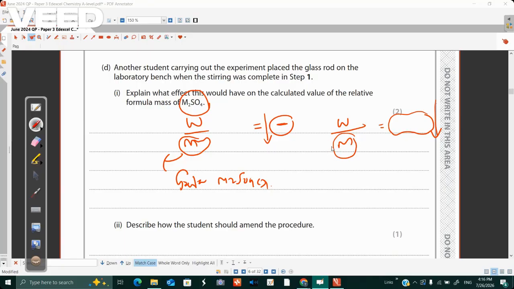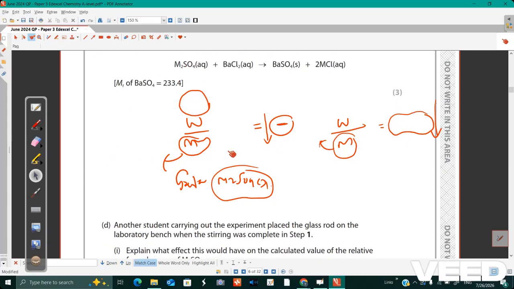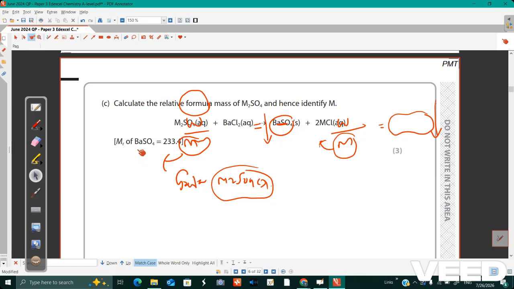So in your calculation you are going to get a greater SO4 value. Is it understood? Is it clear? So you just look at the formula and check, right? The denominator value must go up if this answer is going to get a smaller value, right? Okay.